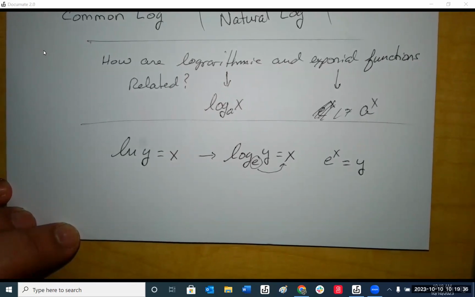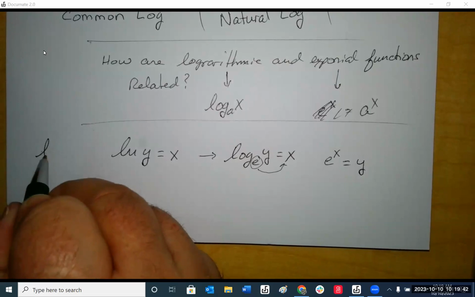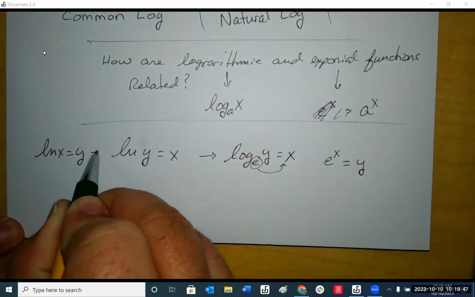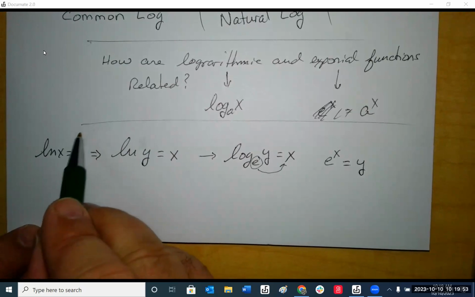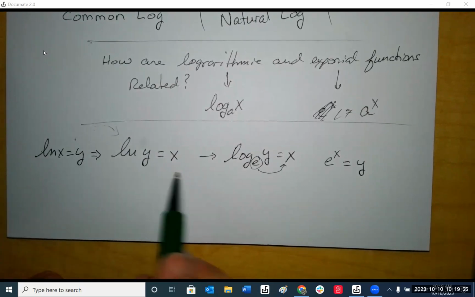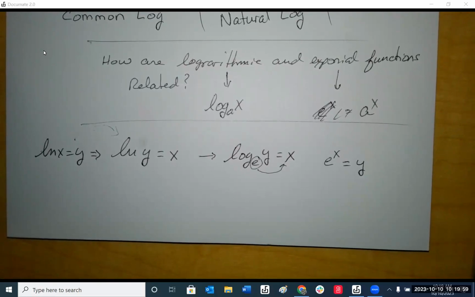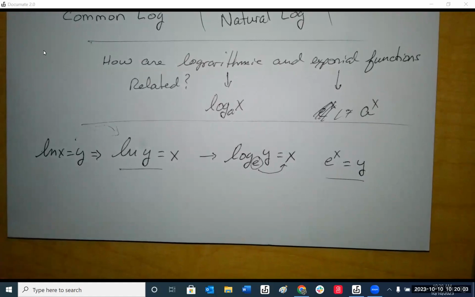Logarithms and exponential functions are inverses of each other. Remember, normally we would have started off as ln x equals y. But how do you find the inverse? You switch x and y and solve for y. So logarithms and exponential functions are inverses of each other.